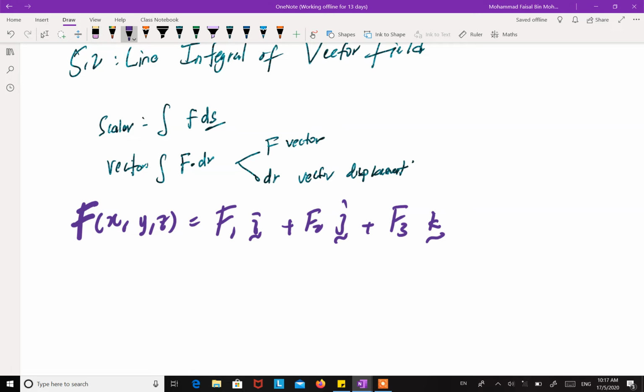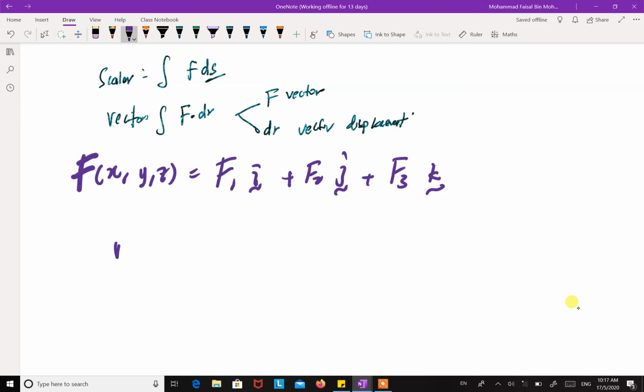That is also a function of x, y, z. Since vector r is x i plus y j plus z k, I just put it in component form.